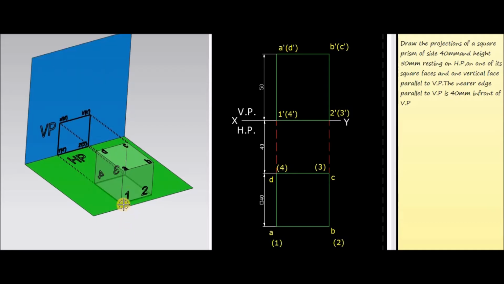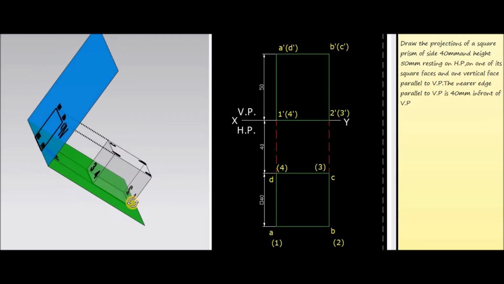That means the prism is resting on HP with its bottom face 1, 2, 3, 4 on the HP.